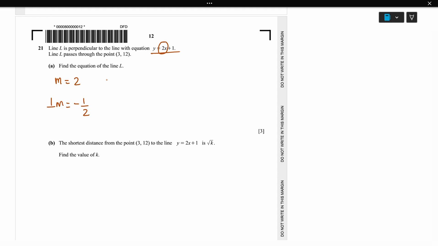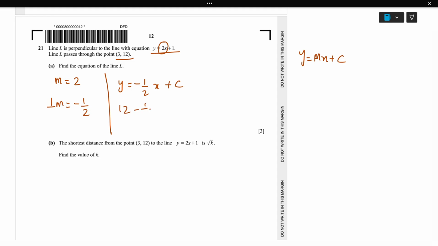So the new line equation uses the formula y equal to mx plus c. Now we got the new m, so y equal to minus 1 by 2 x plus c. We just need to plug in the point, since the passing-through point is given.